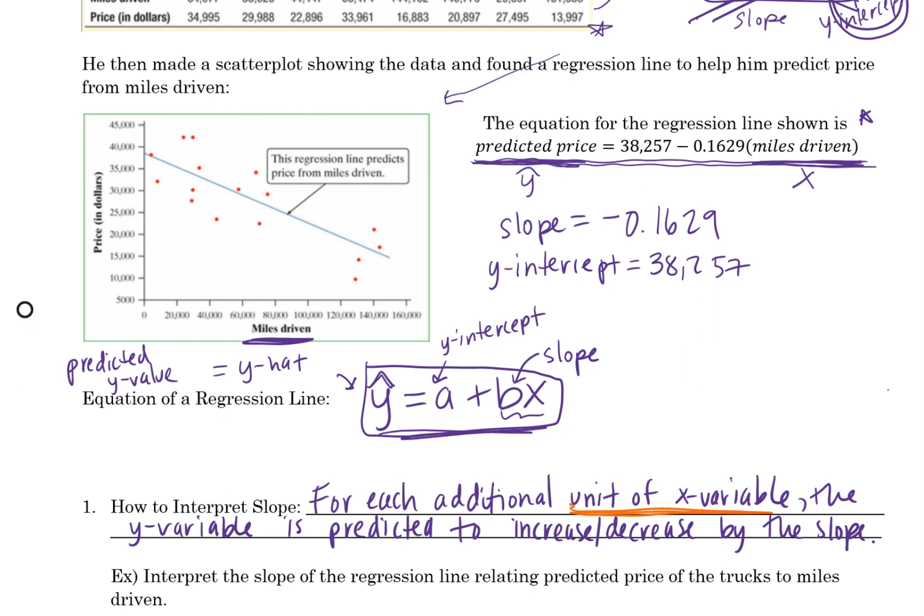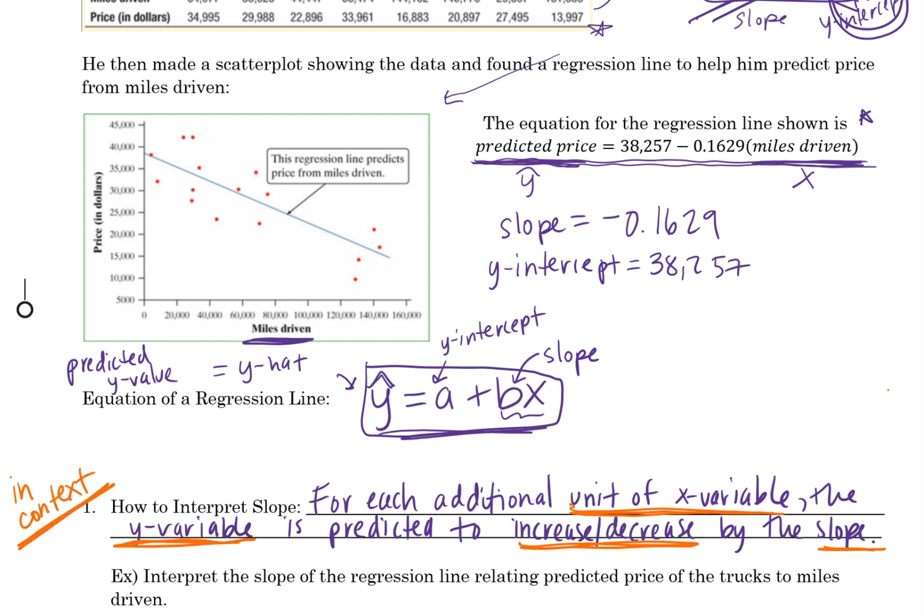So for each additional unit of x variable, that is interchangeable, and you're going to need to put that in context. The y variable also needs to be put in context, is predicted to, and then increase or decrease is going to depend on what the slope is, and then of course by the slope itself. So everything I underline in orange, you need to put in the context of the problem.